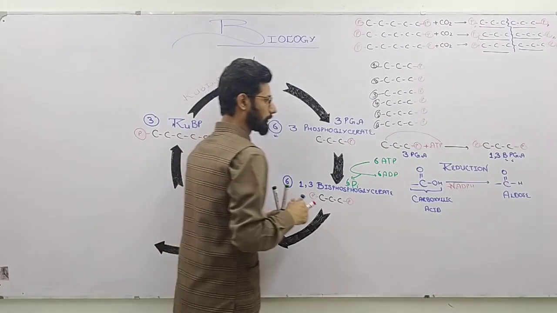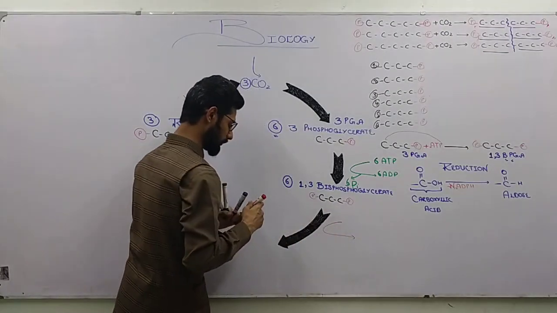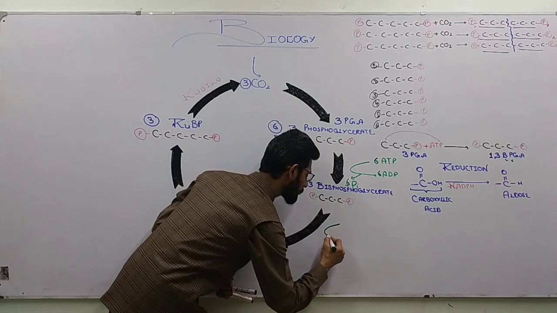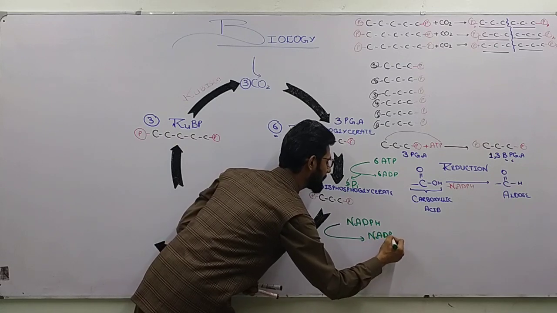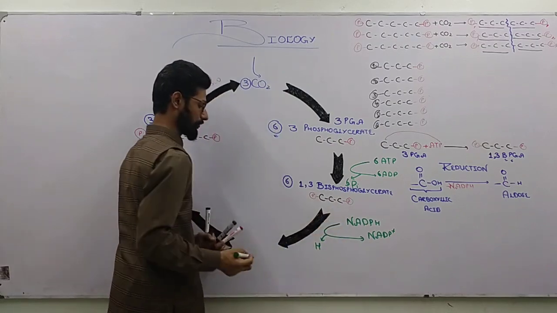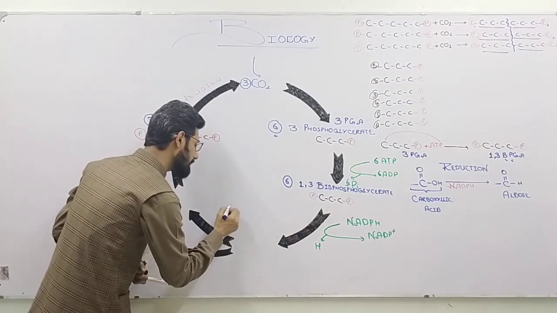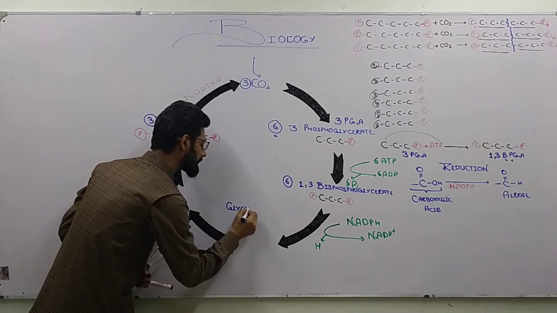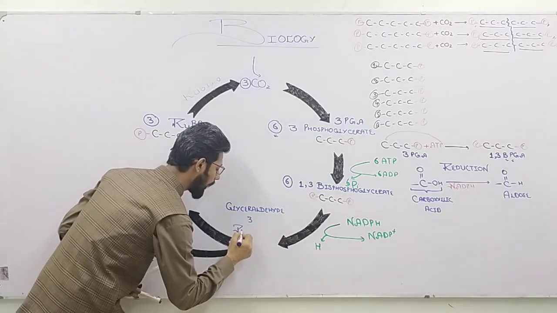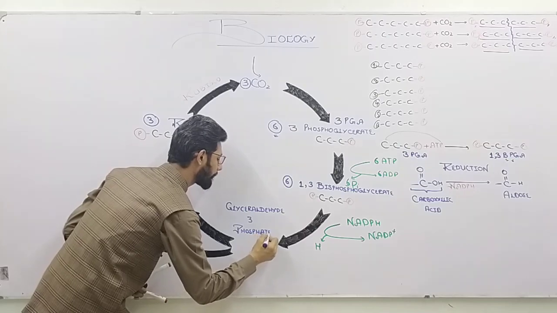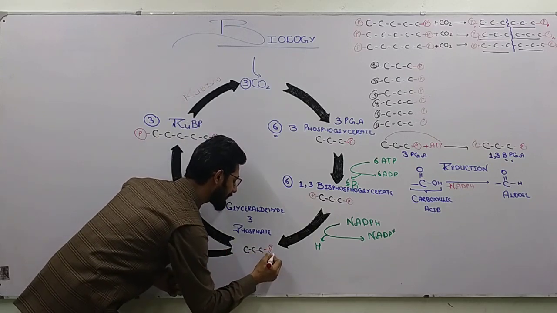So after the addition of NADPH, let's add the NADPH to 1,3-bisphosphoglycerate: NADPH, NADP plus, and this H. Now, after the addition of NADPH to 1,3-bisphosphoglycerate, it is converted into glyceraldehyde 3-phosphate, shown as 3 carbons and phosphorus at its carbon number 3.